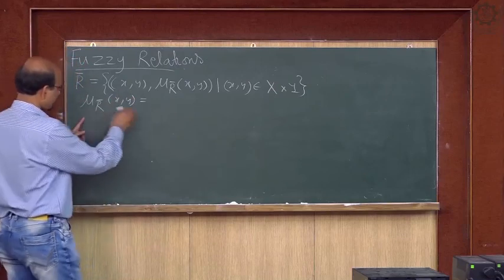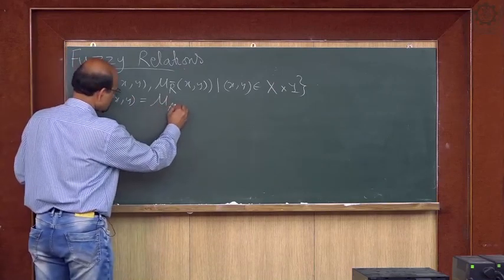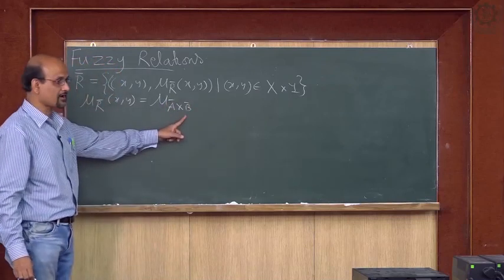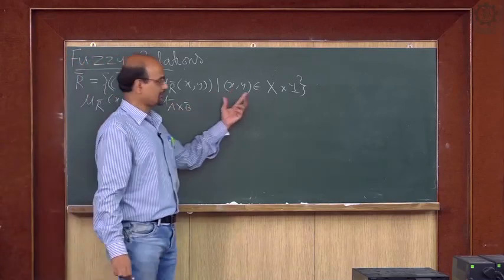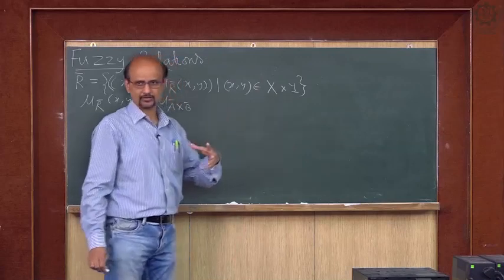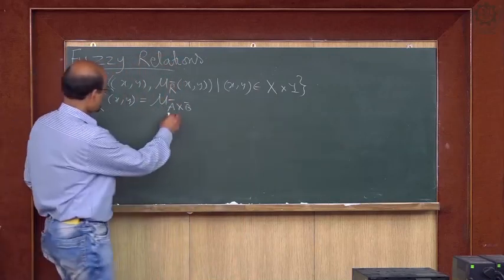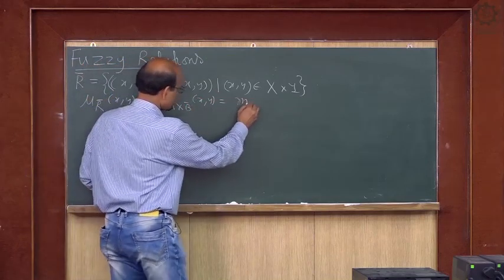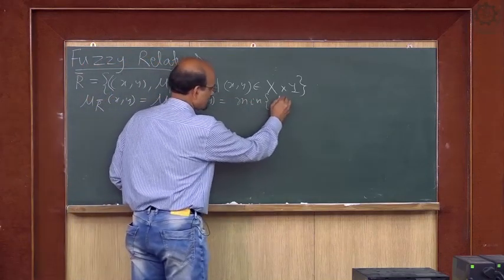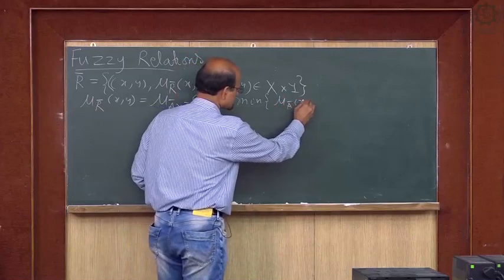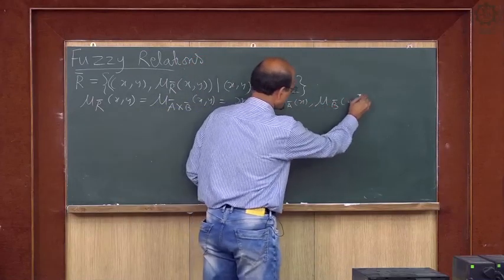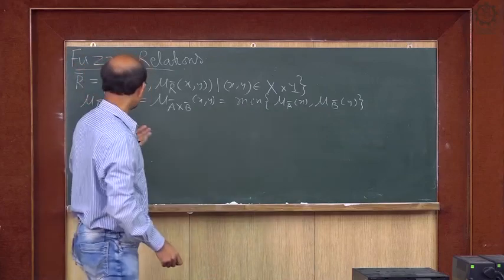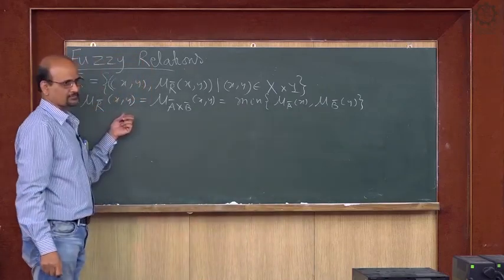This we actually defined as mu A bar cross B bar, where A bar and B bar are the subsets in product spaces X and Y, as the minimum of mu A bar (x), mu B bar (y). So, this way we find the membership values for mu R bar (x, y).